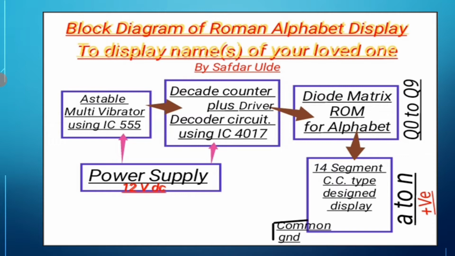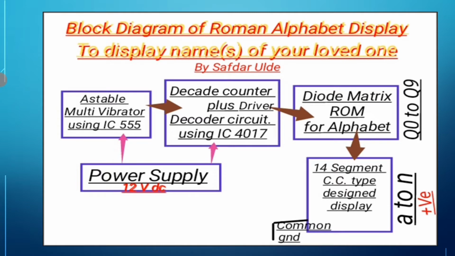Here you can fix diodes in such a way that you can display the names of your loved one. Then the output of this diode matrix ROM is finally given to the 14 segment display.